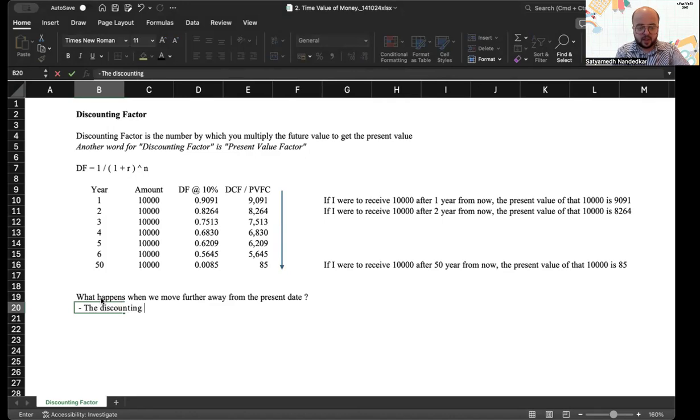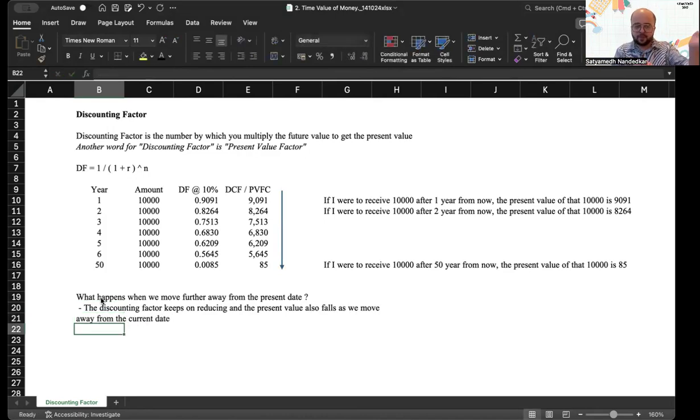The discounting factor keeps on reducing and the present value also falls as we move away from the current date, which means the farther you go, the lower is your present value and the lower is your discounting factor. So this is our first observation regarding discounting factor.